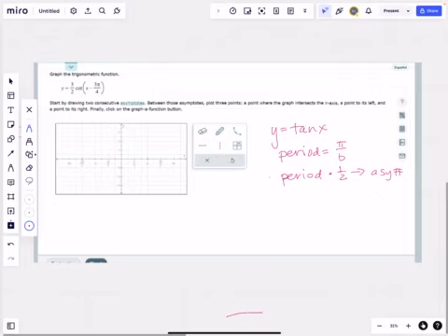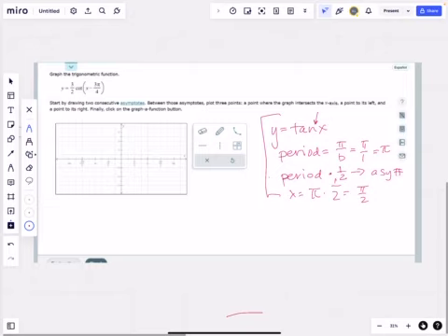Here the period is pi over 1 because the b value is 1. If I take that pi and multiply it by 1/2, we get pi over 2, and that's our first asymptote.